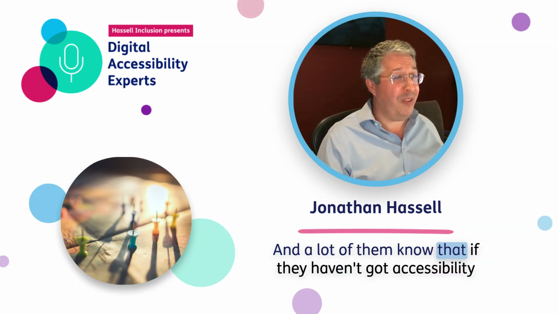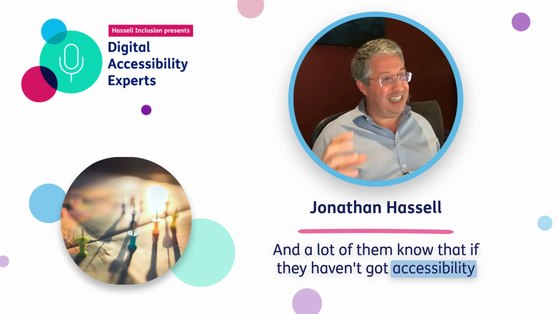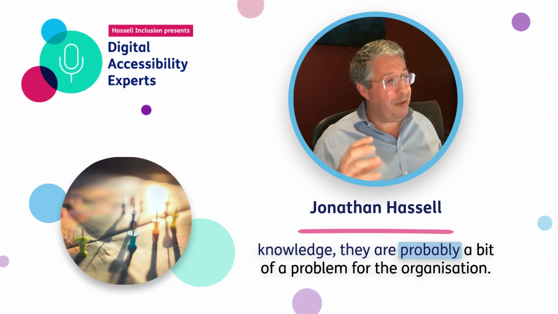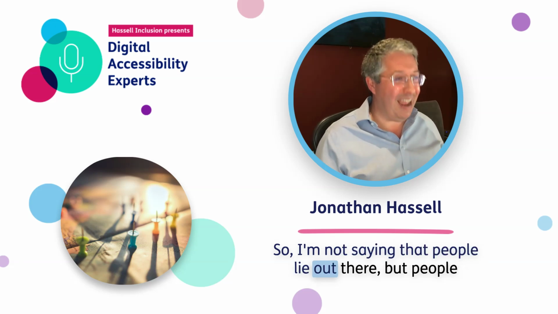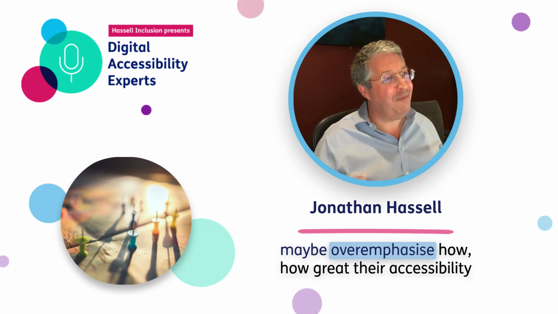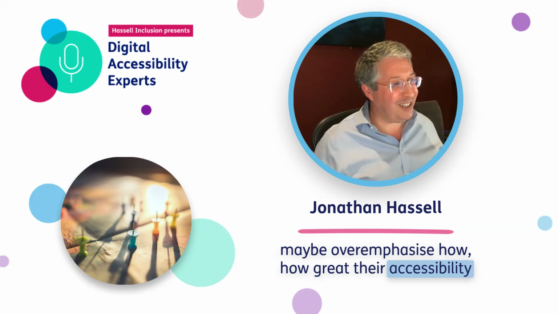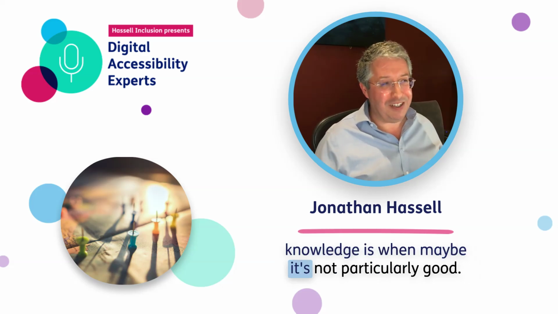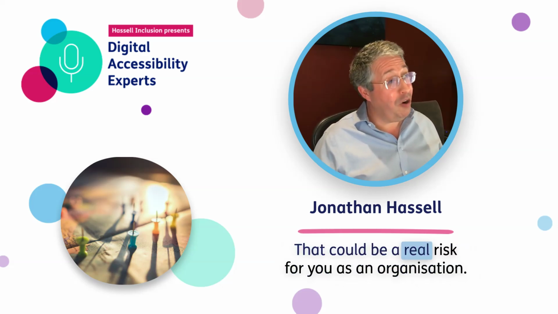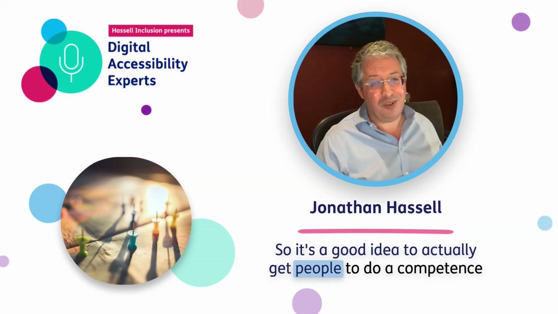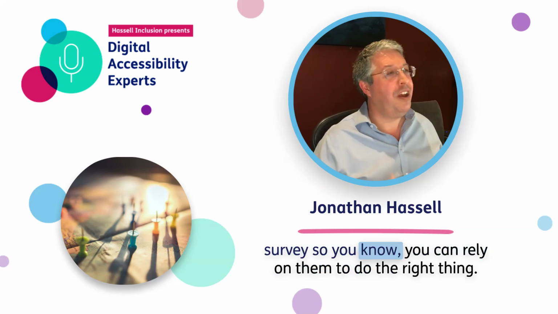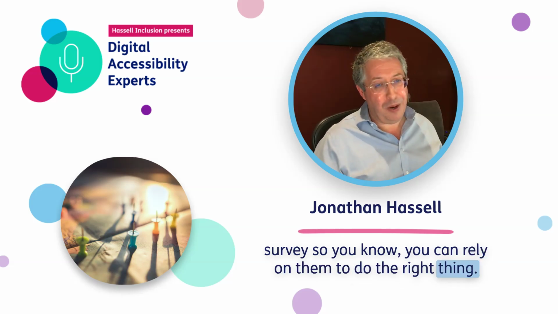And a lot of them know that if they haven't got accessibility knowledge, they are probably a bit of a problem for the organization. So I'm not saying that people lie out there, but people maybe overemphasize how great their accessibility knowledge is when maybe it's not particularly good. That could be a real risk for you as an organization. So it's a good idea to actually get people to do a competence survey, so you know you can rely on them to do the right thing.